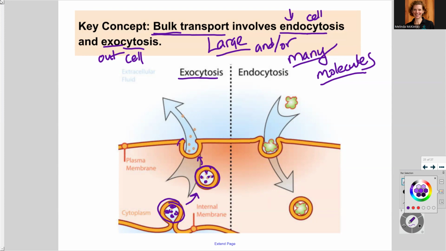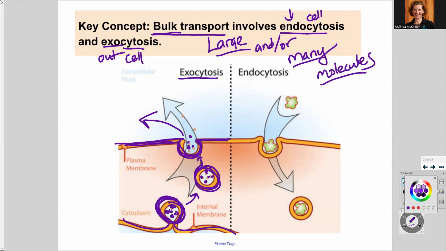Then it's going to merge with the outside of the cell, and the contents inside are going to be dumped outside. What I really like about this is you can see that it's the same material that is actually surrounding the vesicle that's going to then merge with the plasma membrane.